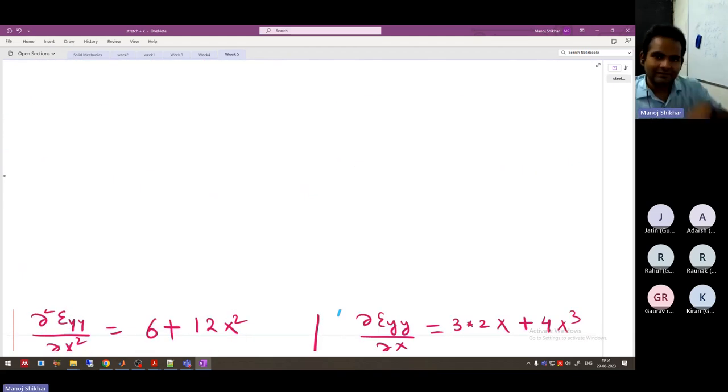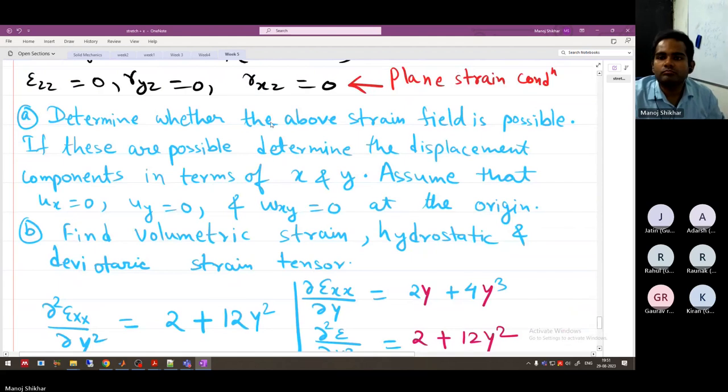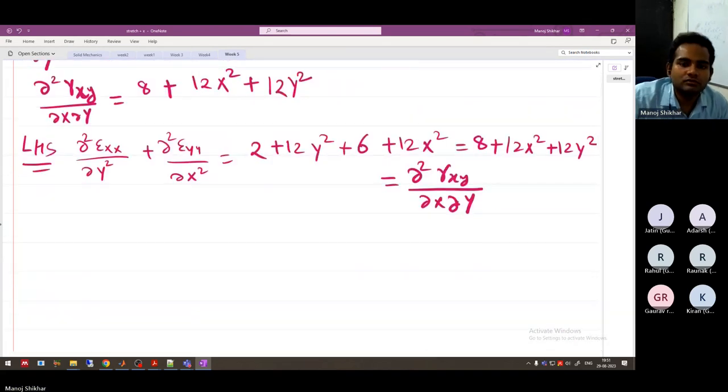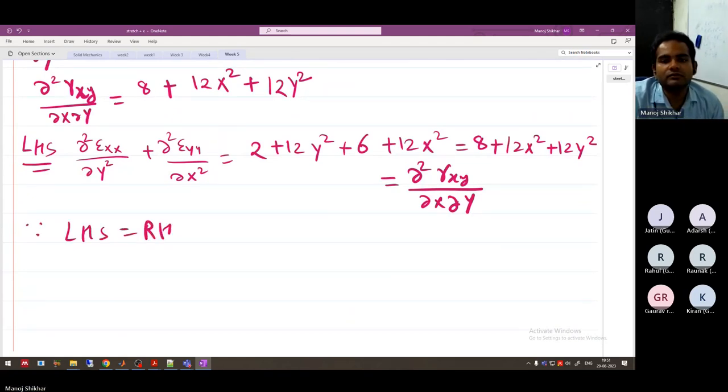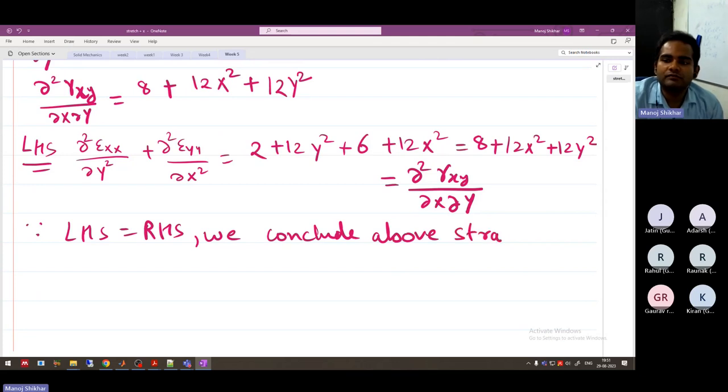Thus, we can conclude that the above strain field is possible, since LHS equals RHS.